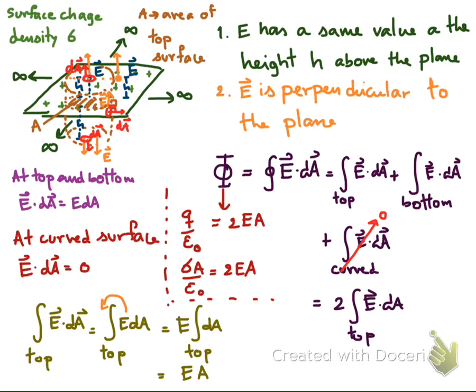You can see that A cancels in this expression, so we have that E is equal to sigma over 2 epsilon 0.